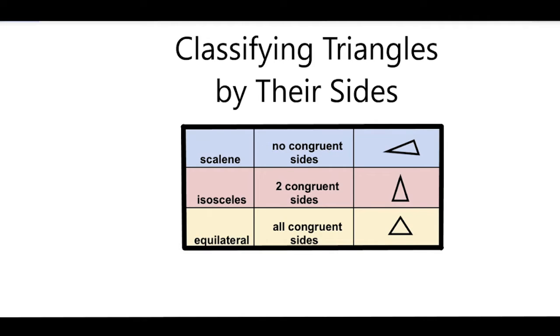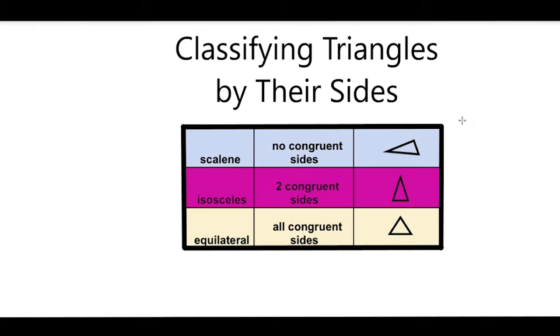Hello again. Today we are classifying triangles by their sides. You'll see here that we have three kinds of triangles that we are dealing with when we classify them by their sides. First is the classification of scalene. Scalene triangles have no congruent sides.